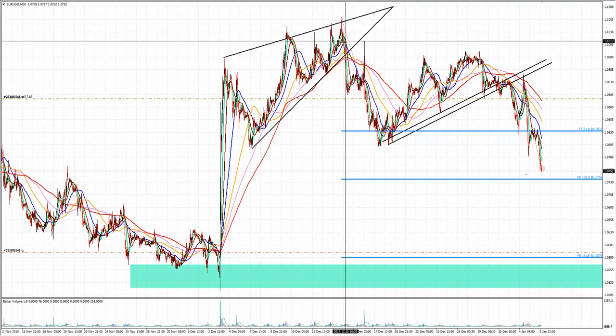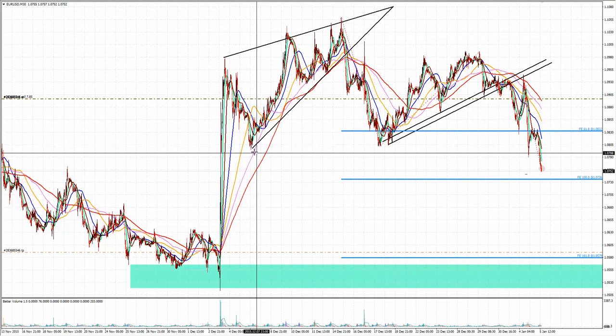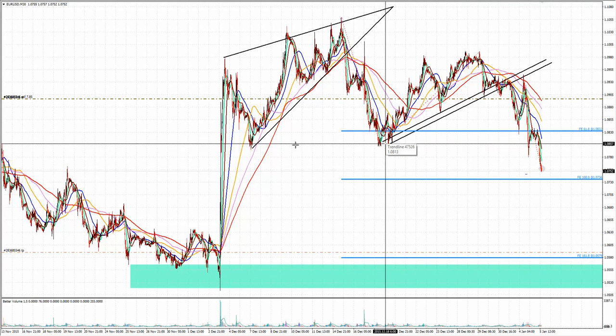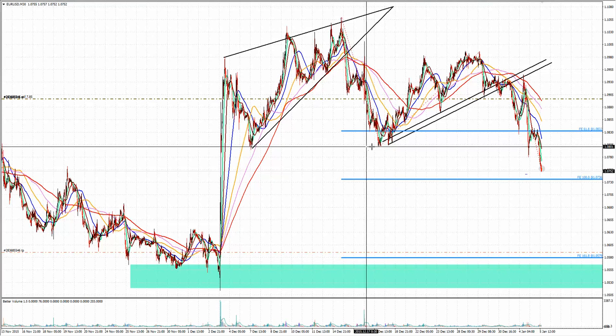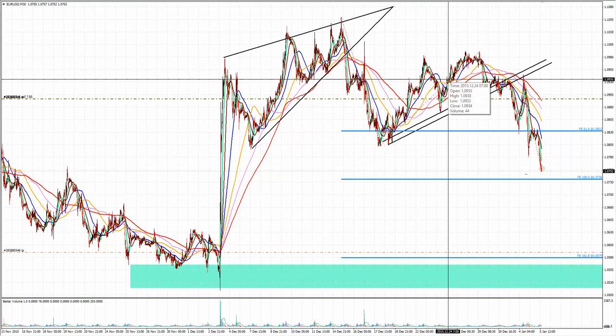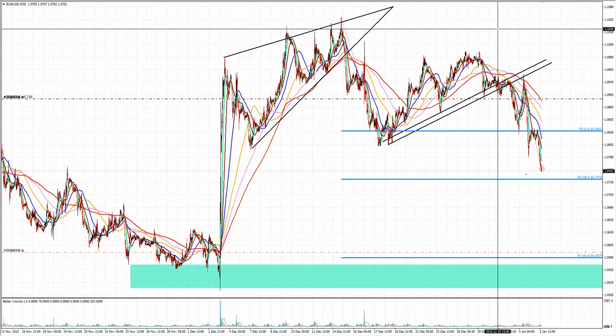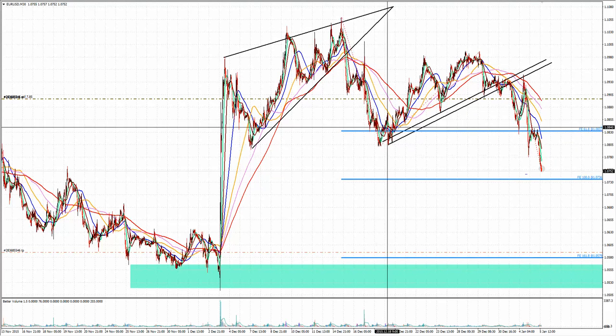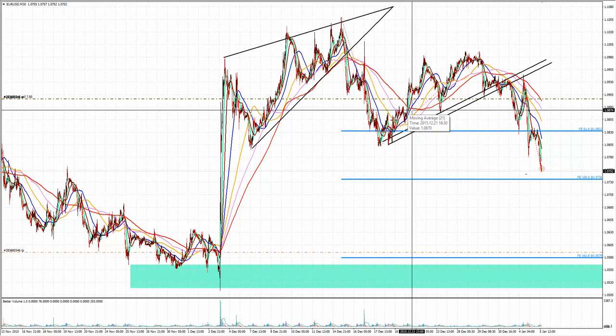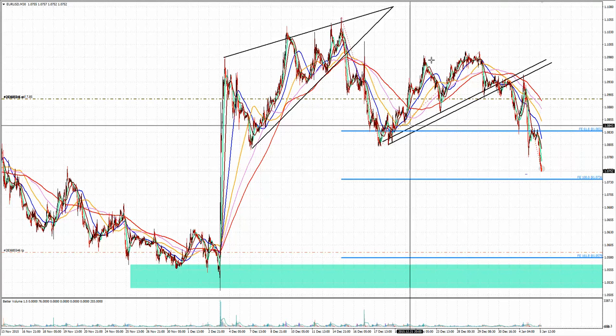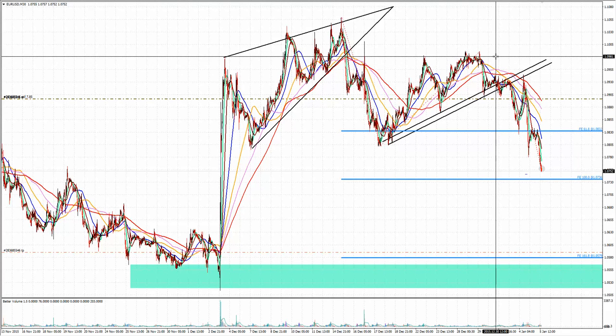We have an ending diagonal here, broken, which tested the start of this diagonal, which is, you know, usually where price tends to test that and then try to recover, but we saw here that there is no power to recover, and we broke this. Let's say I call this the holiday trend line, since it was when the banks were on holiday.